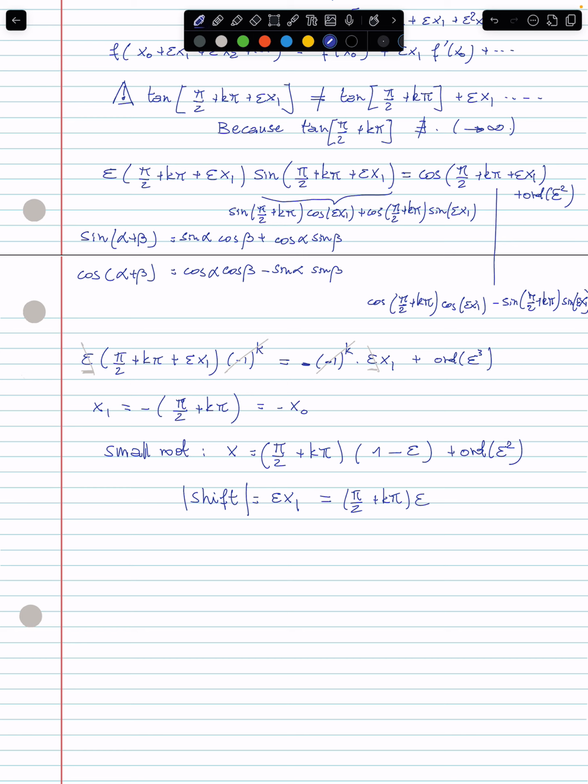However, we see that as k grows larger and larger, the shift can become something quite significant. All right, and so at some point, when this shift has an order of magnitude, let's say, I don't know, probably pi over 2, this solution won't be valid any longer. And this is why we need to go to the large roots. All right, so let's have a look now at the large roots.